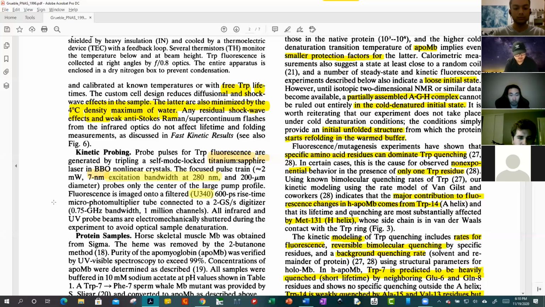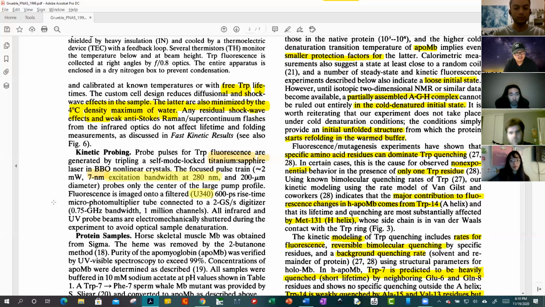So you get the heating pulses, then suddenly the water there is hot, right? And all the protein is out of equilibrium. And then this Ti sapphire pulse that's tripled with these BBO crystals.